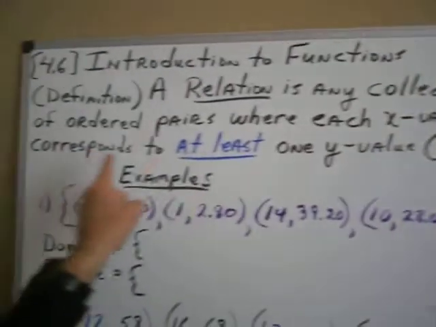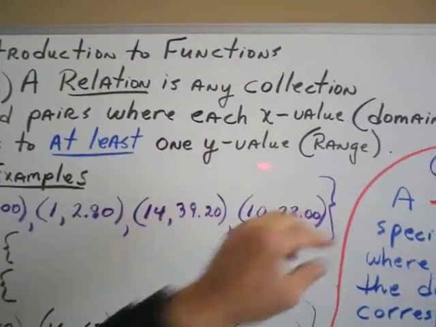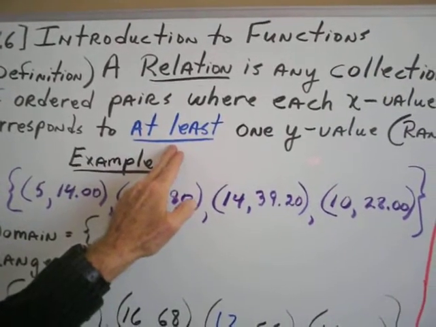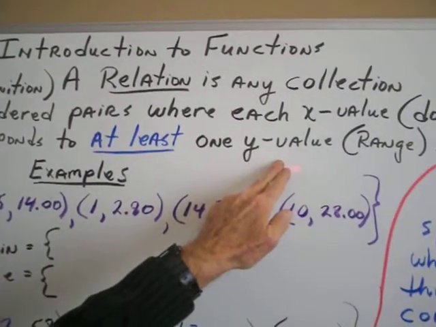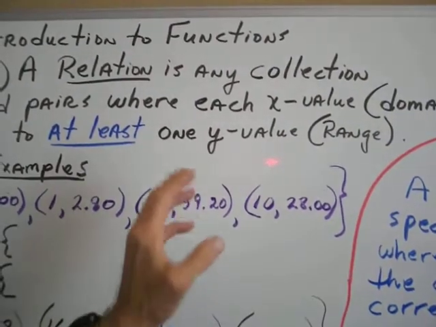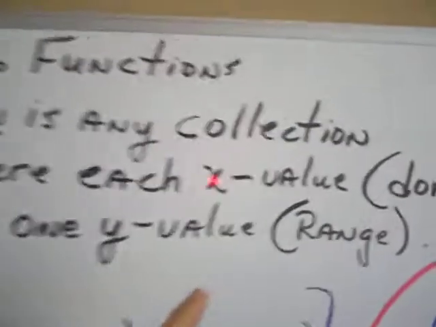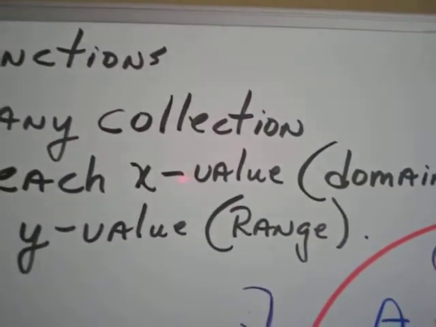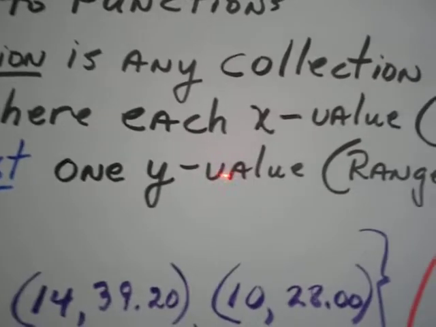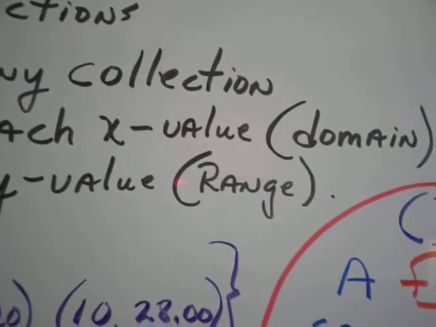And a relation is any collection of ordered pairs where each x value, called the domain, corresponds to at least one y value. The y value is called the range. So one thing you're going to want to put in the memory bank, the x values of any of the ordered pairs are known as the domain. The y value of each of the given ordered pairs is called the range.